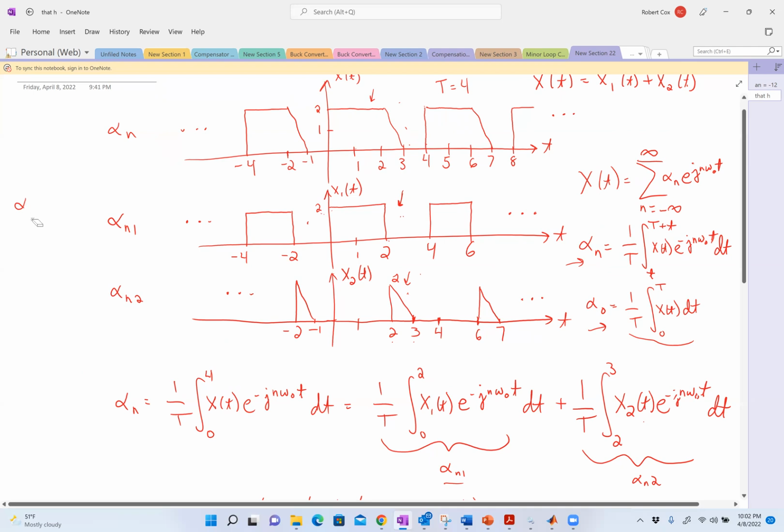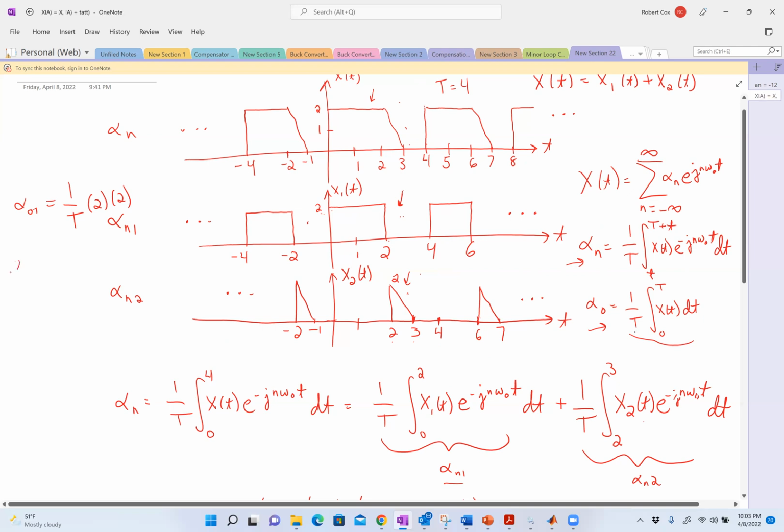So alpha 0,1, because it's for n equal to 0, is 1 over t times 2 times 2. That's important, because it's just width times height, the area of that rectangle, times 1 over t because of the 1 over t here.